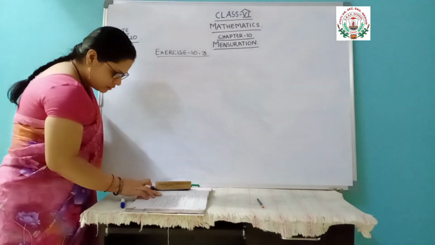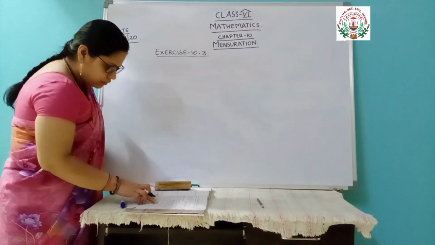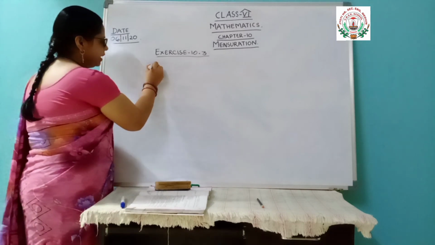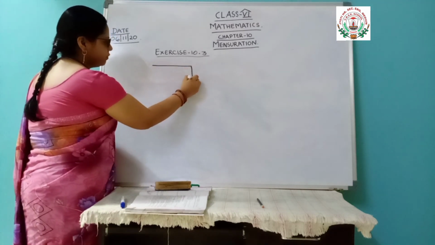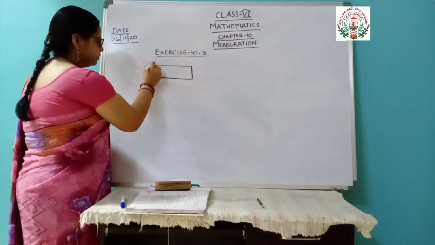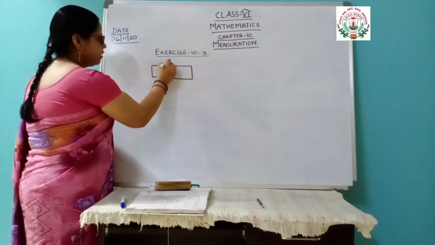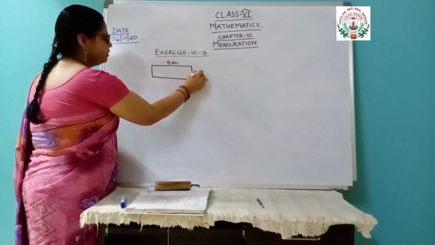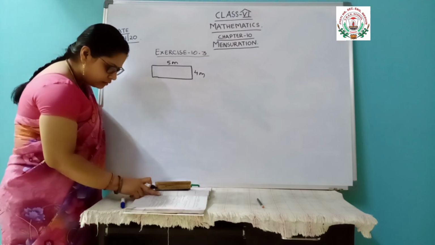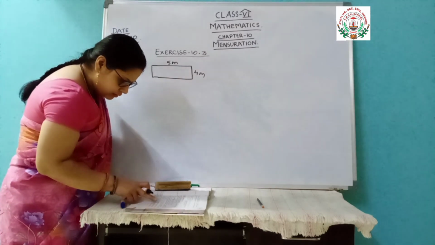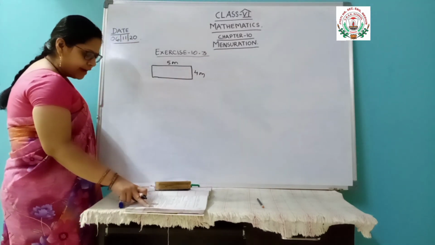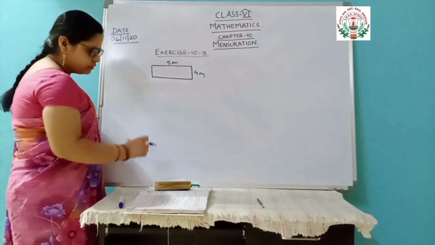That is a floor of 5 meter long and 4 meter wide. This is 5 meter long and this is 4 meter wide. Now here you are laying a carpet on this floor.